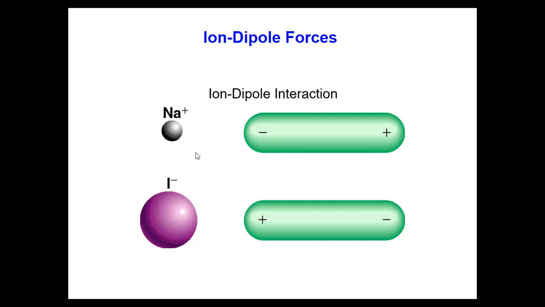In this case, sodium is a cation, and it will be attracted to the partially negative end of our polar solvent. Iodine is an anion, and it will be attracted to the partially positive end of our polar solvent. So I'm going to show you guys a video, a simulation, to help you to see how this occurs. And also, this is why ionic compounds will dissolve in polar solvents, because of this ion-dipole force.